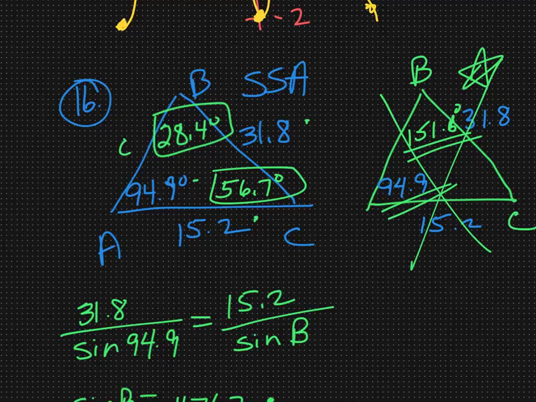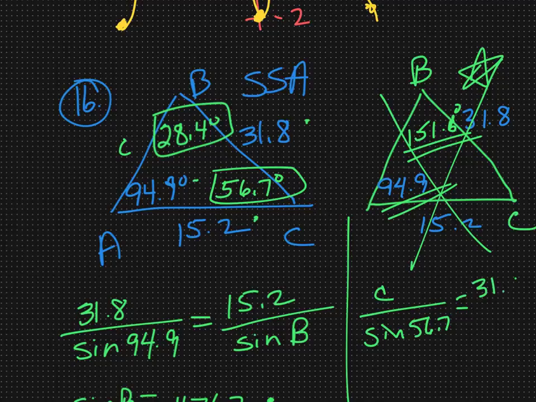And now I can get little c over here by doing the law of sines again. So I could do c over sine of 56.7 is equal to 31.8 over the sine of 94.9.